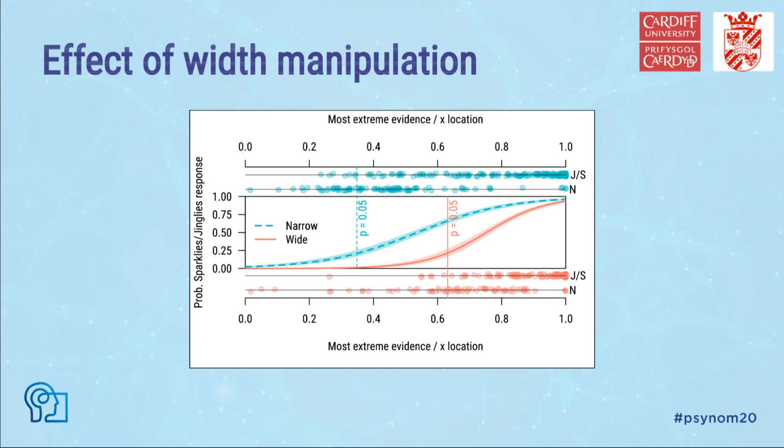Participants whose most extreme point is as extreme as this have again about a 20% probability of indicating that there is a difference. However, for the same visual distance, about 75% of participants in the narrow condition would be expected to indicate that there is a difference.